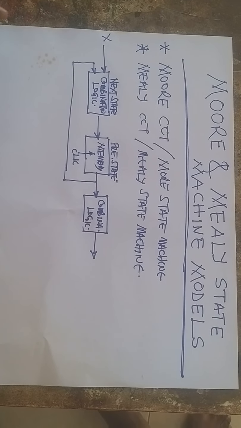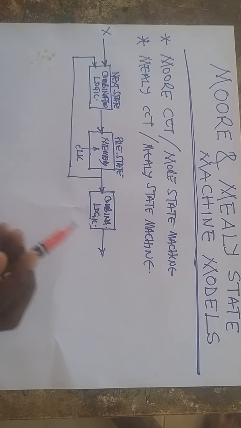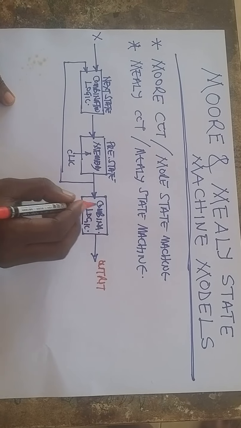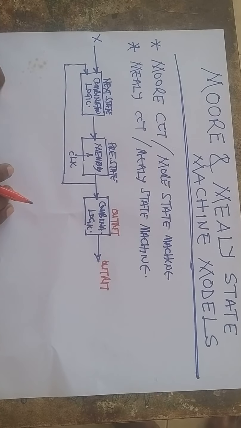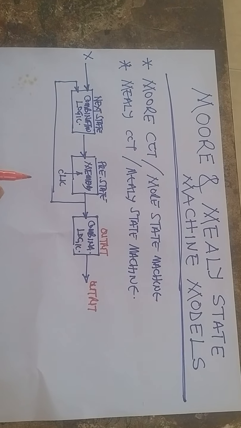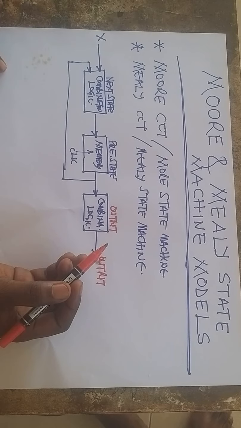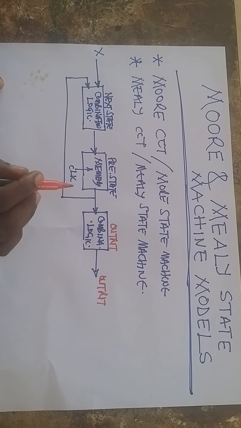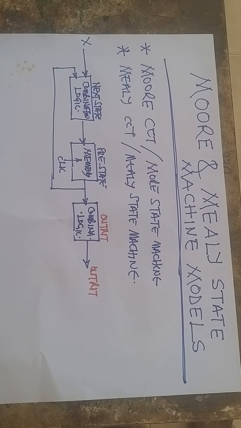So this is what Moore is saying. This is a typical example. So this is my output. The output is taken from this combinational logic. So Moore is saying that in developing a synchronous sequential circuit, the output only depends on the present state or the current state.